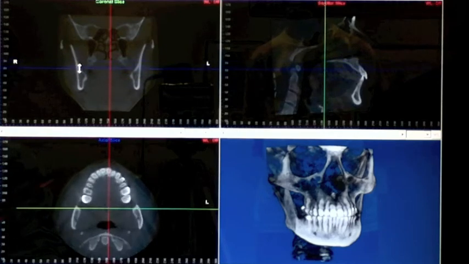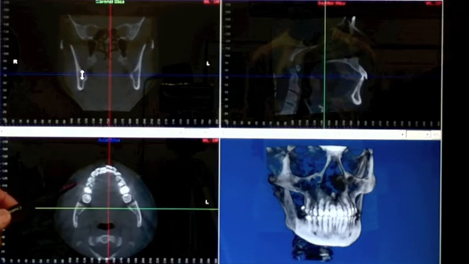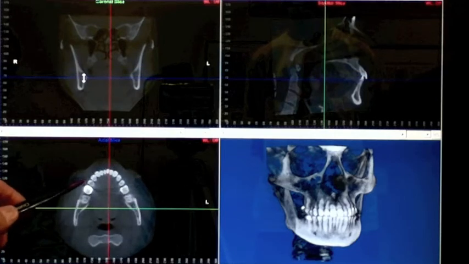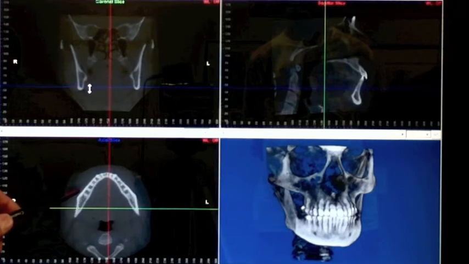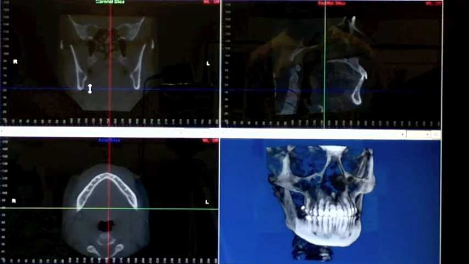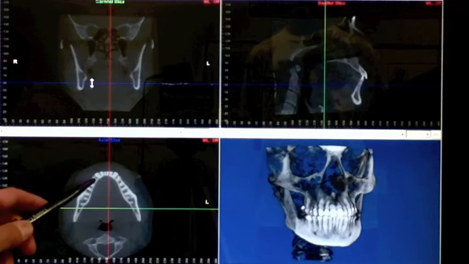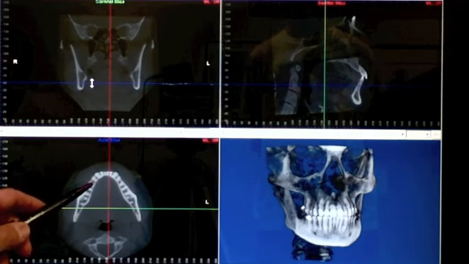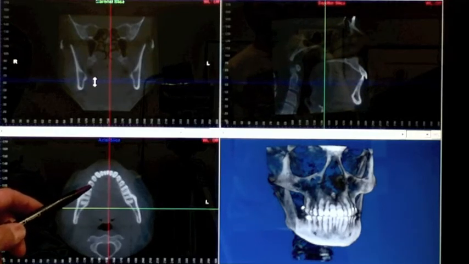We see the roots of the incisors, the crowns of the upper incisors, and now we get into the lower incisors and the lower incisor roots. You get an appreciation for the buccal lingual width of bone, which houses the teeth and serves as the boundary of tooth movement. There are some researchers at Case Western Reserve that are looking at the buccal lingual position of the roots within the axial slice.